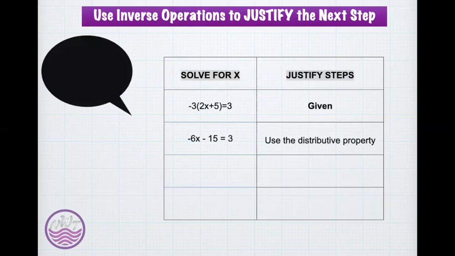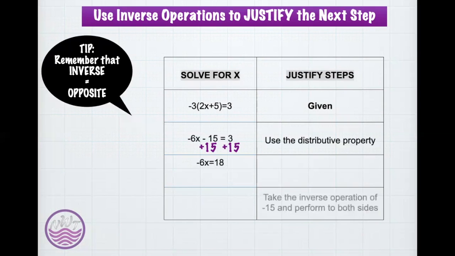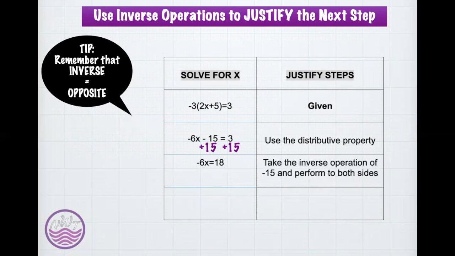So I know I'm going to have to, and there's your tip right there, inverse equals opposite, add 15 to both sides. And that'll give me -6x = 18. So then my justification of that would be take the inverse operation of -15 and perform it to both sides. I'm justifying adding 15 to both sides.